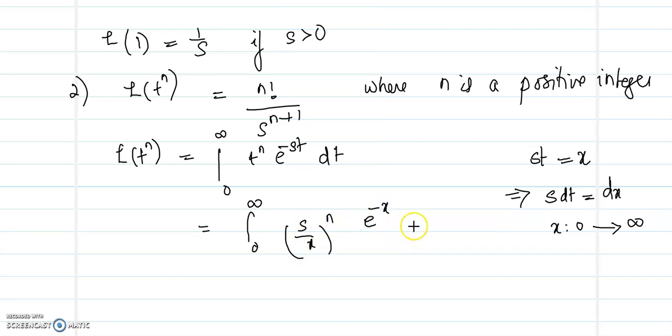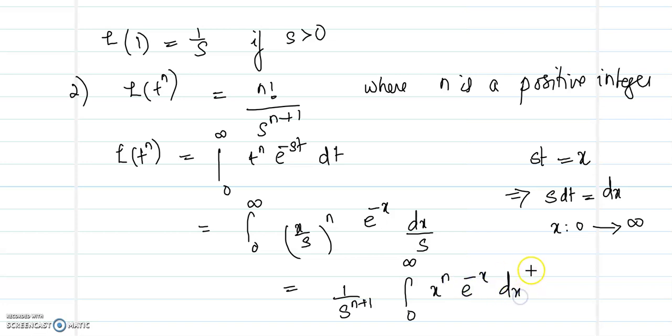Now dt will be dx by s. So we will be getting 1 by s raised to n plus 1 integral 0 to infinity x raised to n e power minus x dx.